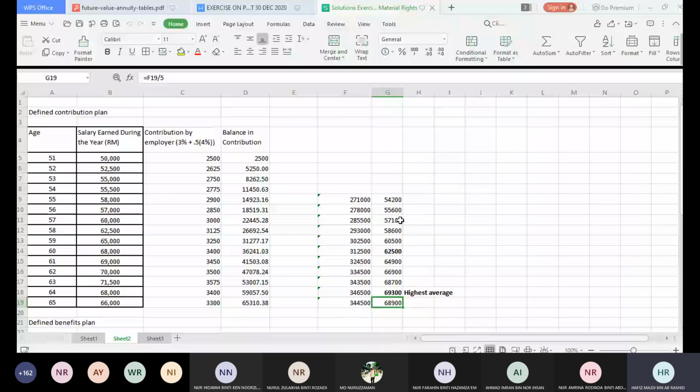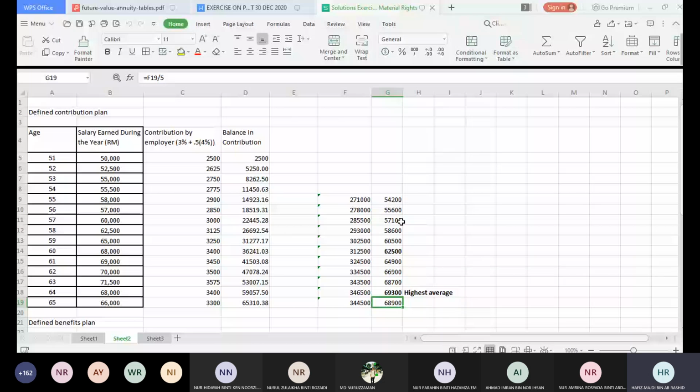So which one should you use in the calculation of the employee's benefit? You should use the one which is the highest for the calculation.